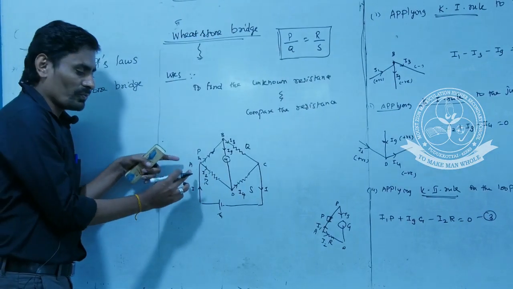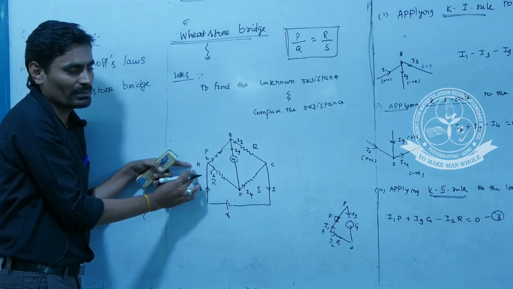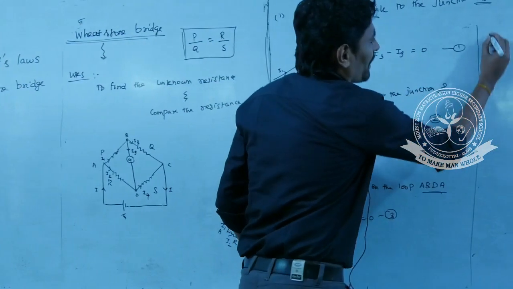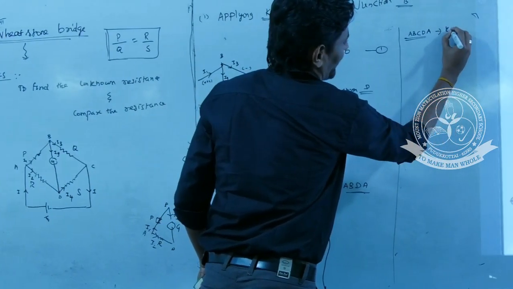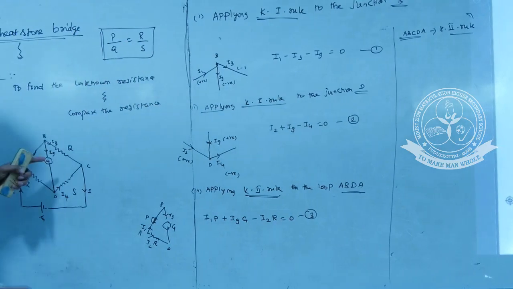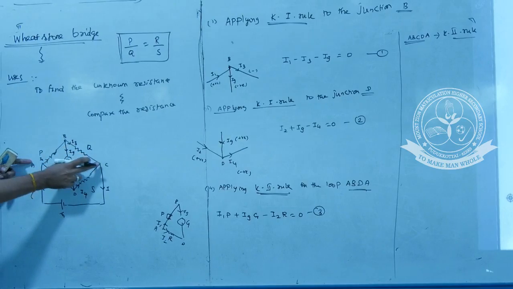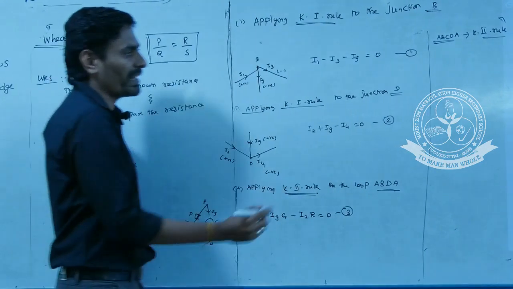Then consider the closed loop A, B, C, D, A, applying Kirchhoff's second rule. Current entering the junction is taken as positive, current leaving the junction is taken as negative. Going A to B is taken as positive, so we write I1P.